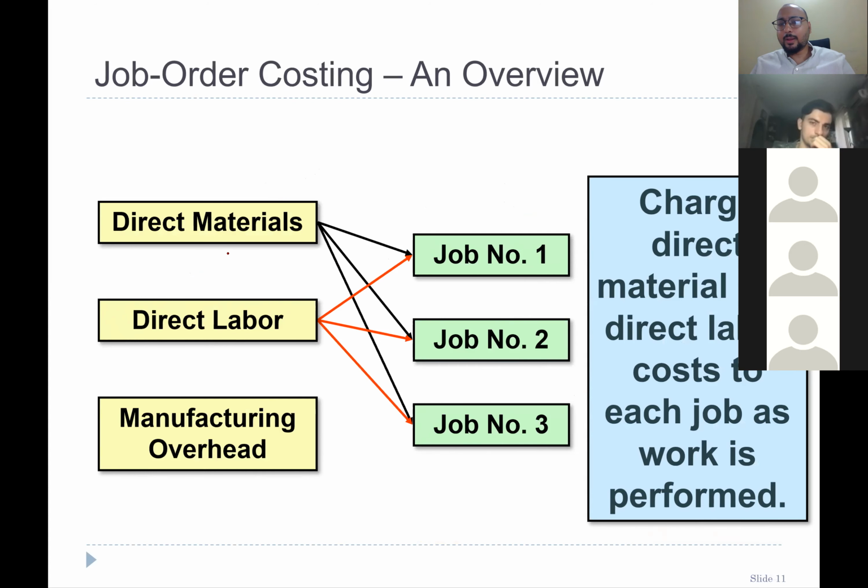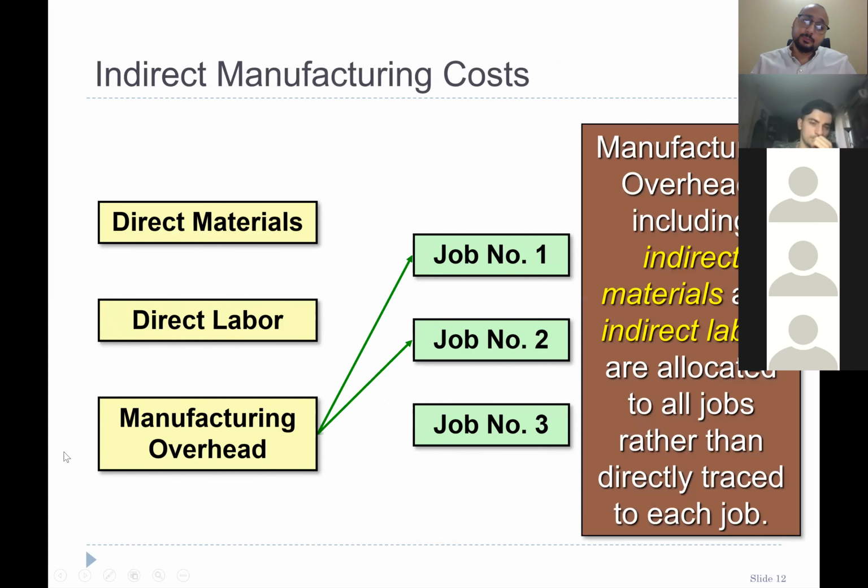Now, the real difficulty happens when you want to find out how much indirect cost you need to allocate to jobs 1, 2, 3.